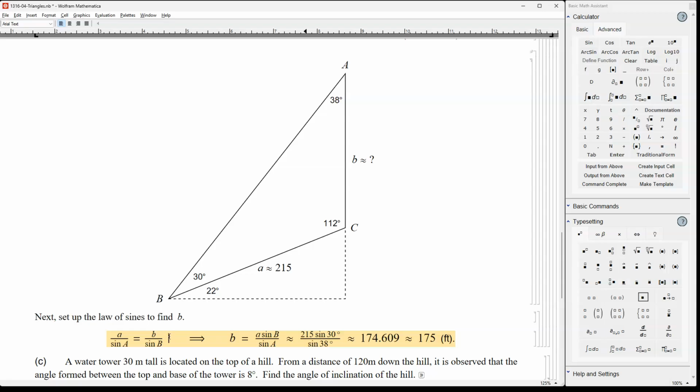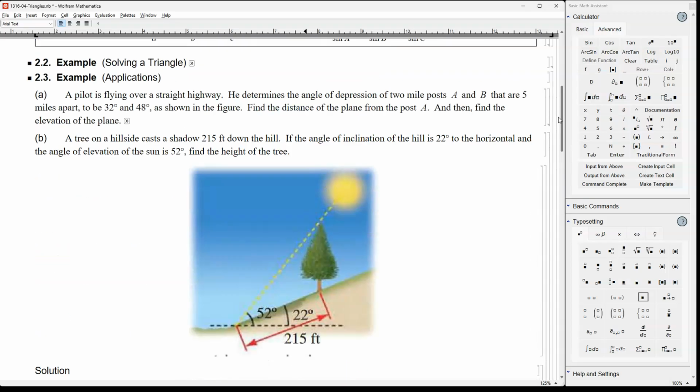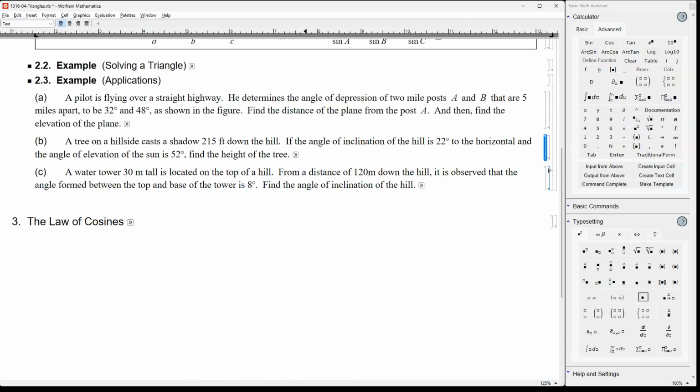Put the numbers in. a is 215 feet, and then capital A and capital B, that's 30 degrees and 38 degrees respectively. Punch in the calculator, you're going to get about 175 feet.